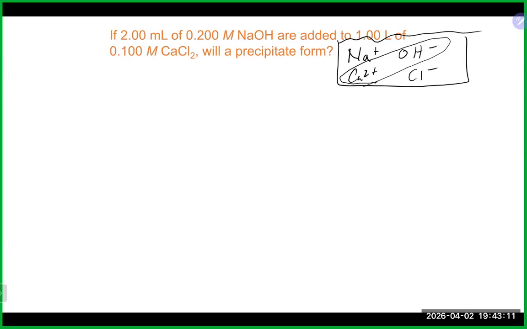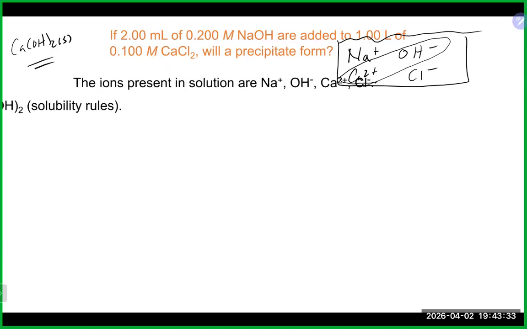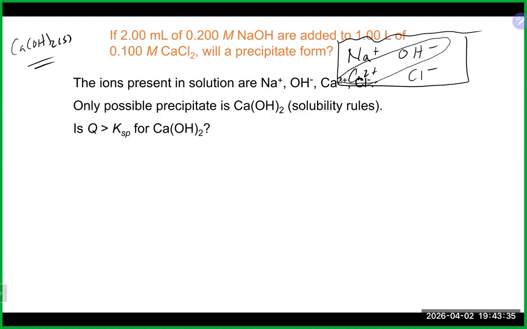Sodium is soluble in everything, which means it's not going to form a solid. And chloride is soluble in everything except for silver, lead, and mercury, which is obviously not in this mixture. So your only option here is going to be calcium hydroxide as a possible solid that may form in this particular case. So you do want to think about the KSP value for calcium hydroxide.